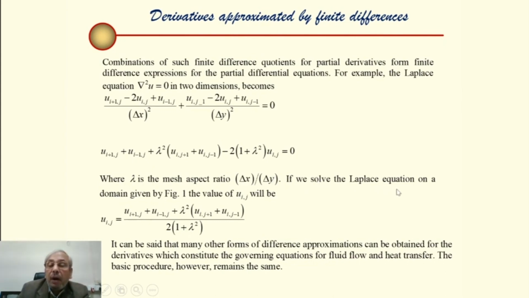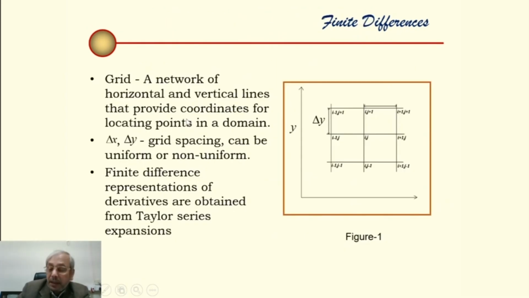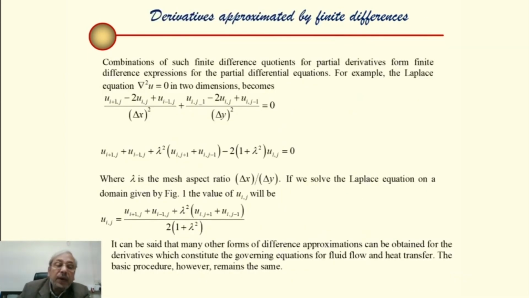Now, if we solve the Laplace equation on a domain, such as the one we have seen earlier in figure 1, we can write u_ij is equal to u_i+1,j plus u_i-1,j plus lambda squared times u_i,j+1 plus u_i,j-1, divided by twice 1 plus lambda squared.